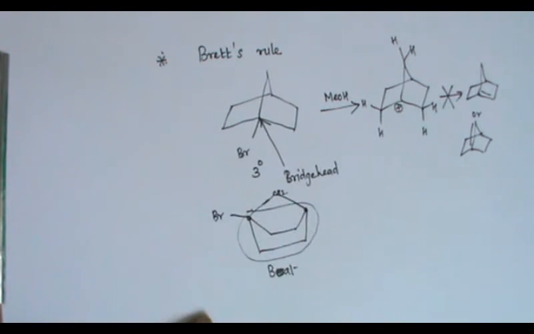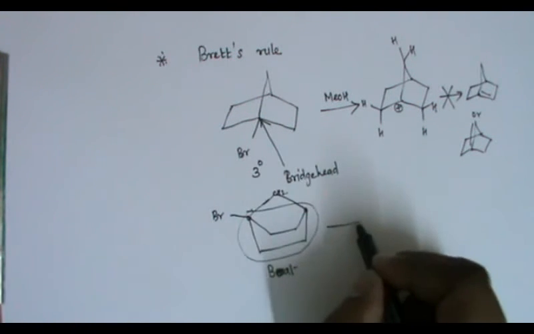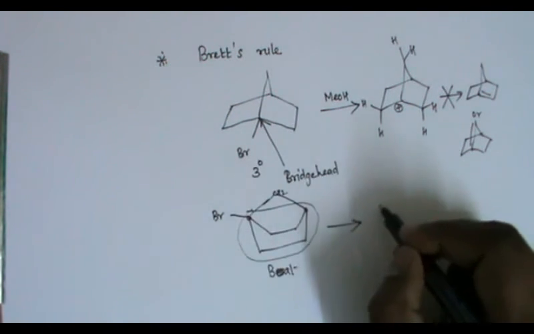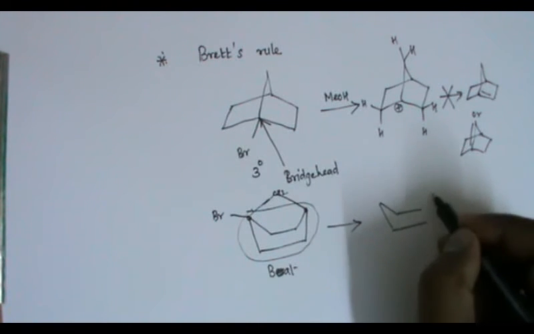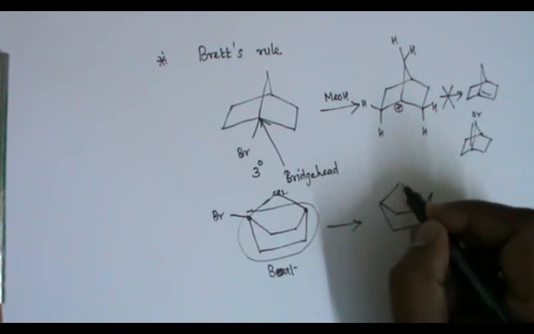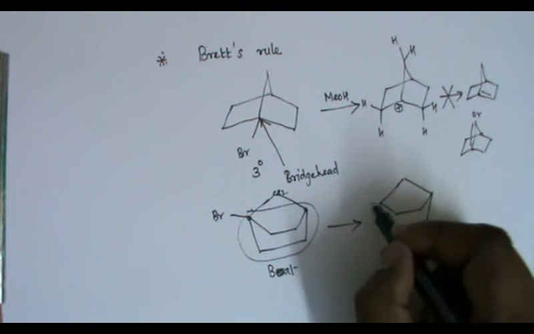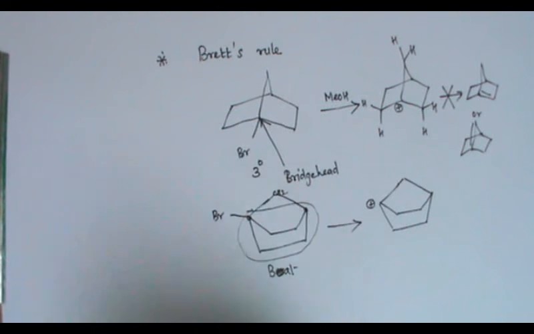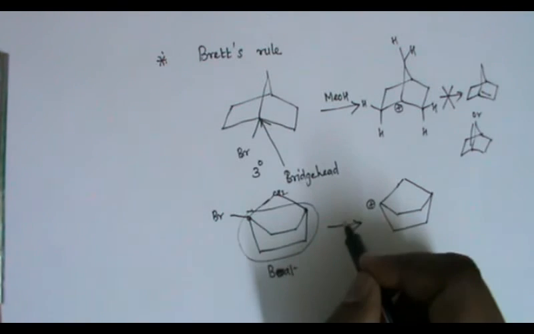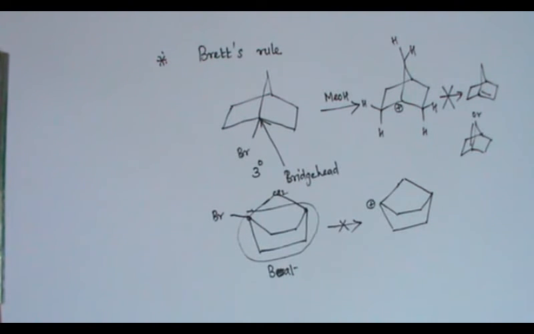You can see we have bromo. When it becomes a carbocation, the carbocation should be planar. But planarity cannot be achieved in this particular case. Since it is a locked system, you cannot get a carbocation here. So the formation of this is not possible.